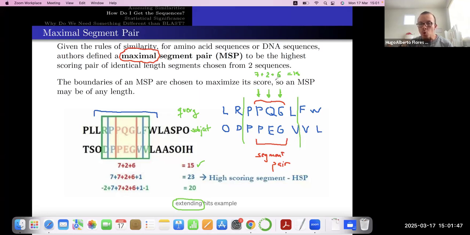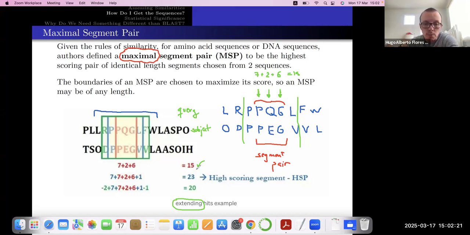So to the 15 that we have at the very beginning, just in the first three letters that contain the first segment, when you start extending this segment one position to the left and one position to the right, what happened? You get again P and P, so again you will have another 7, the one that we have here. And to the right, you have an L with a V. Again, the L is being substituted by the V, and this is a substitution that again is a positive value.